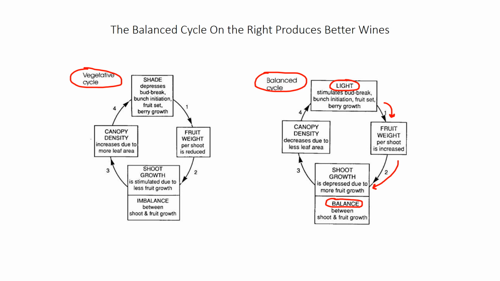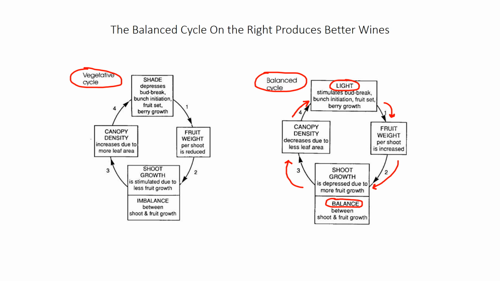Because shoots are not as long, our canopy, that is the sum total of our shoots and our leaves that form a canopy over the grapes, that canopy density will be lower because there's less leaf area. Therefore, we reinforce the light that gets to the vine and to the bunches, and then the cycle continues.